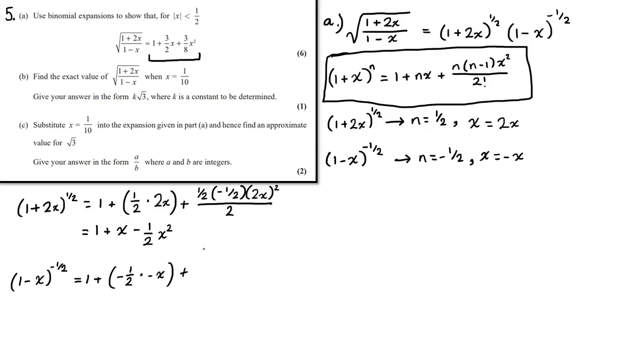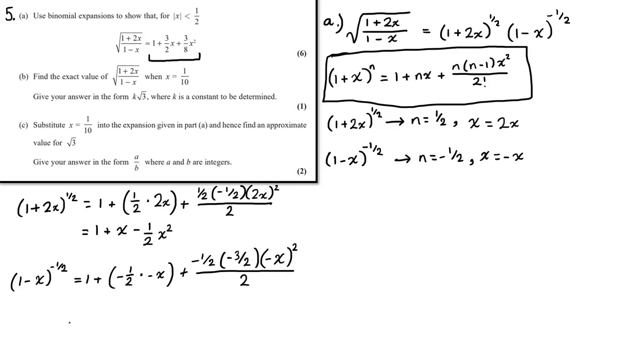Now we add. So it's n again, so it's going to be minus a half. Now we subtract 1 from this, so minus a half minus 1, that gives us minus 3 over 2. And then we times this by x squared. So x in this case is minus x, so that's minus x all squared. And again, we divide this by 2 factorial, which is 2.